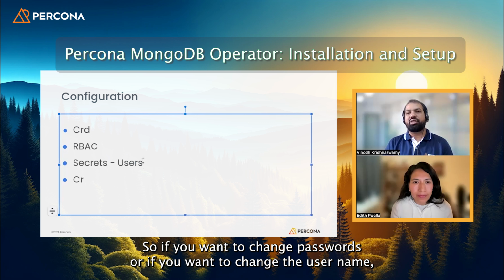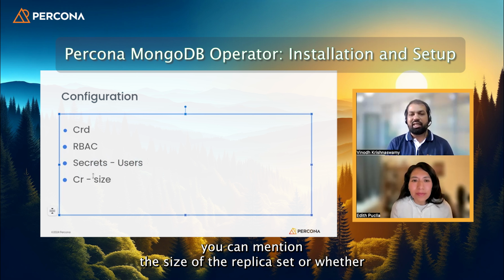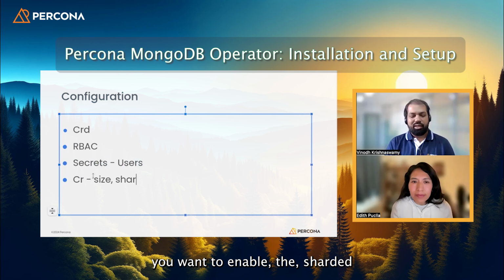So if you want to change passwords or usernames, you can change our secret so that it will be deployed when you're installing our operator. And with the CR, you can mention the size of the replica set, whether you want to enable the sharded cluster or not, what memory you want to allocate for your replica set, and how many mongod pods you want to create. So everything is available here.